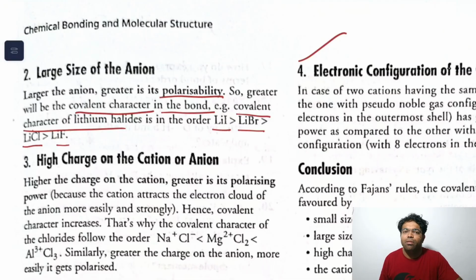Now, here comes rule number three, high charge on the cation and the anion. Higher the charge on the cation, greater is its polarizing power because the cations attract the electron cloud of the anion more easily and strongly. Hence the covalent character increases. That's why the covalent character of chlorides follows the order NaCl, MgCl2, AlCl3.